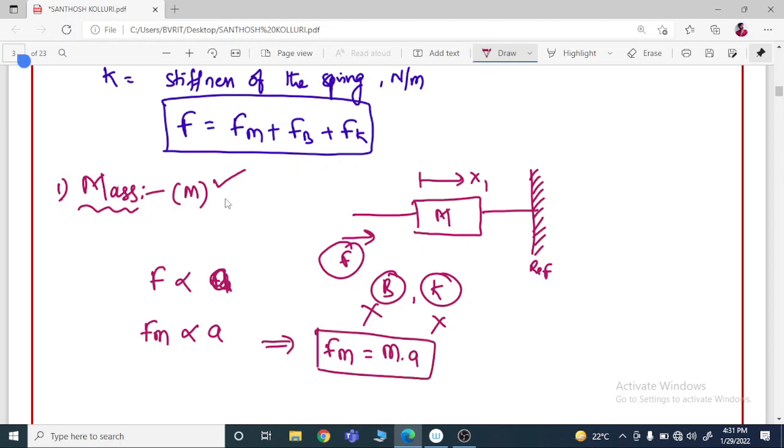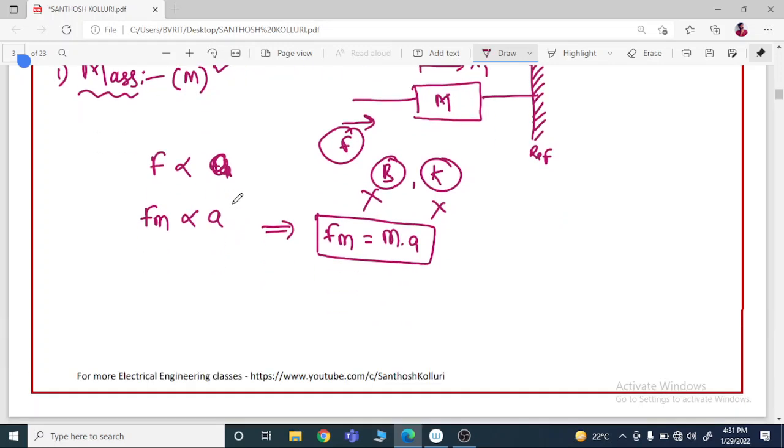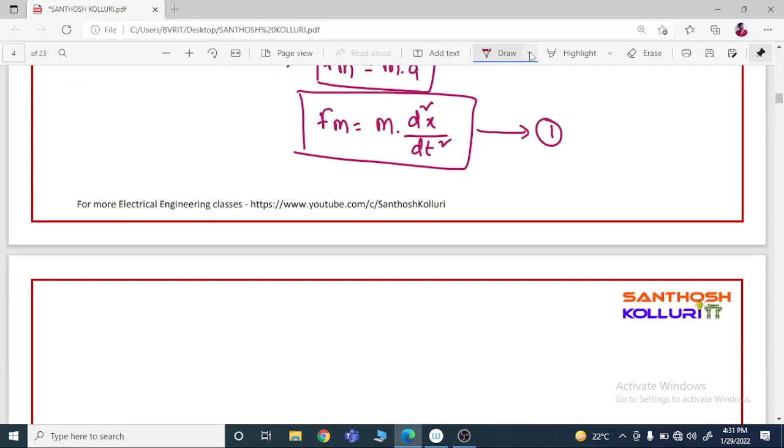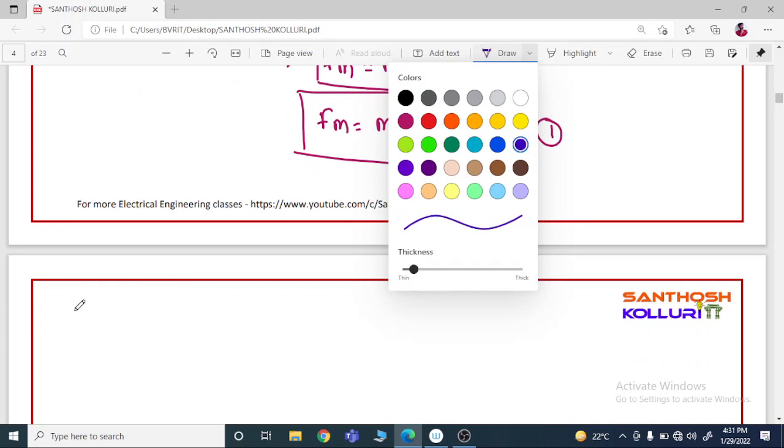A is acceleration, the double differentiation of displacement. So whenever there is a mass M, the force offered by the mass can be written as F of M is equal to M into d square x by dt square.